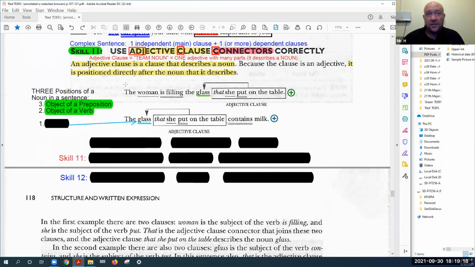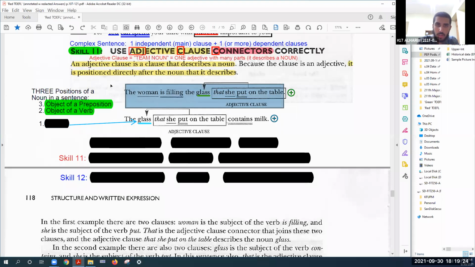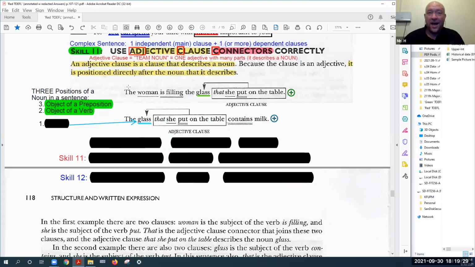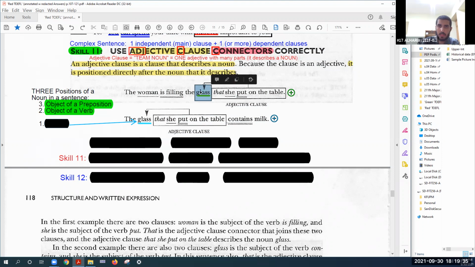But before we go to the subject, let's look at this example here. Al-Harbi, can you read this example, please? The woman is filling the glass that she put on the table. Now, you see this word, glass? What part of speech is that?